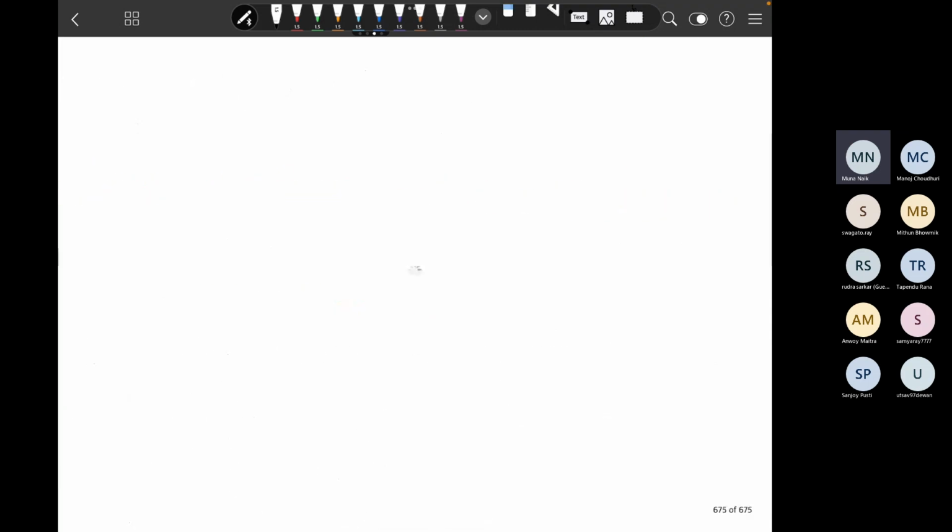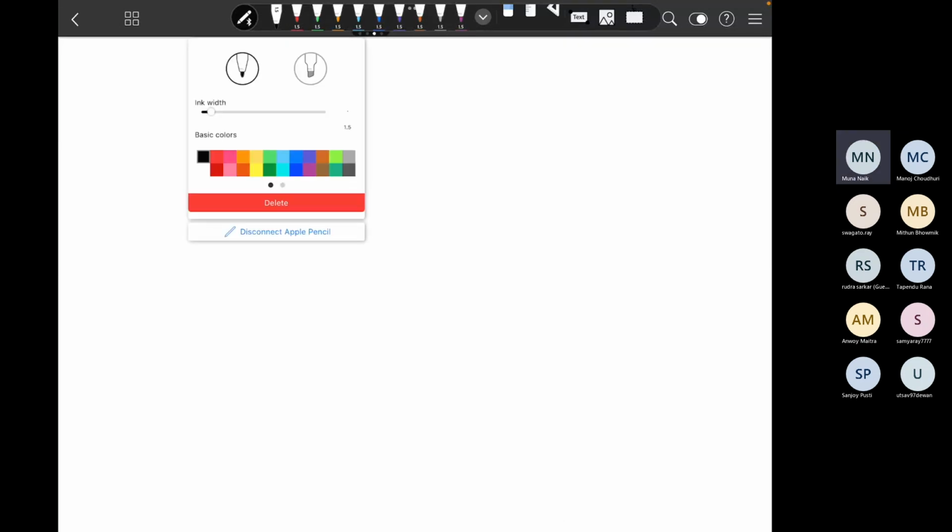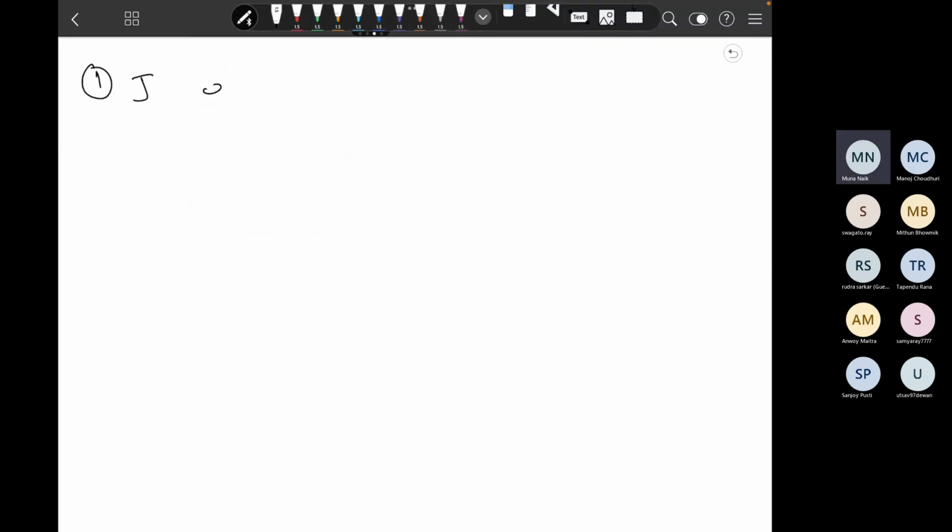First thing, we have seen that J is a complex structure on the vector space G_R. That is, J is R-linear and J squared is equal to minus identity.